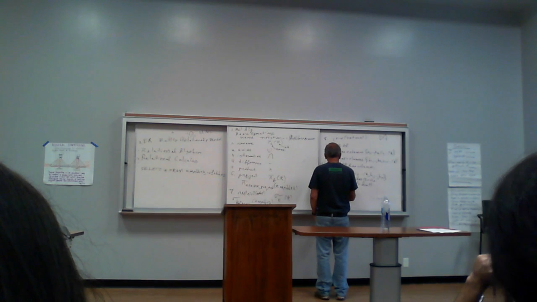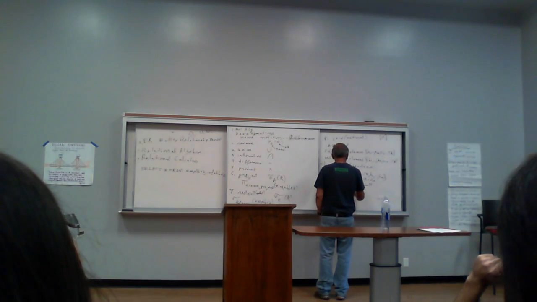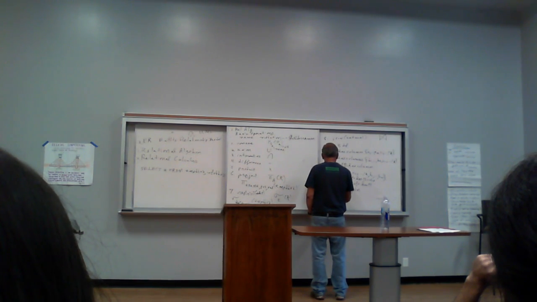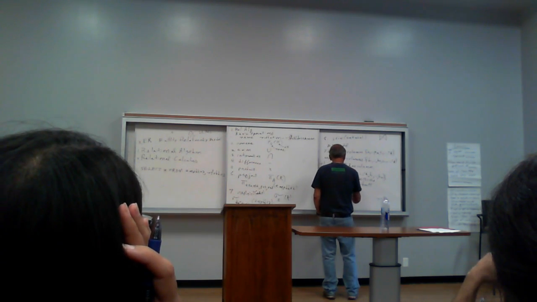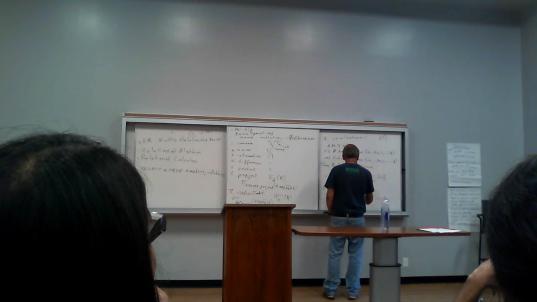A row has the form A1 through AM, C1 through CK, B1 through BN.